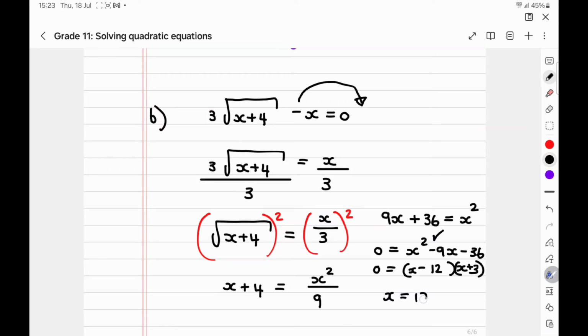Yes. So x is either 12 or x is equal to negative 3. But people, please, please, please, you need to go and double check. So when you insert your answers, you'll see that x is 12 gives you a solution, but x can't be negative 3. Okay, so that answer is not applicable. So you say x can't be negative 3.